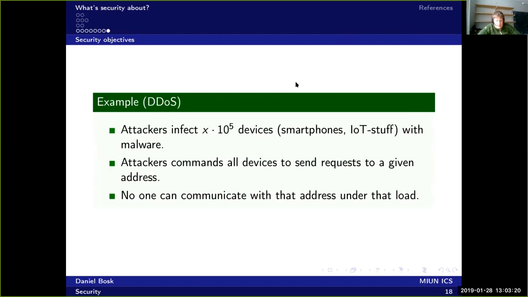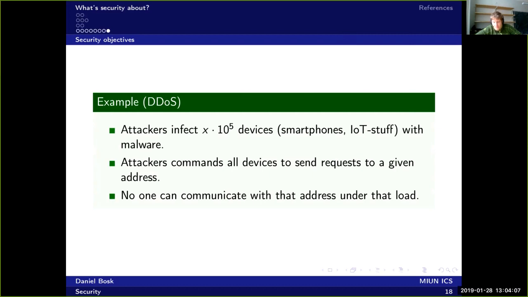So, for instance, a lot of insecure Internet of Things devices can easily be used for this. If attackers infect a few 100,000 or millions of IoT devices, smartphones or home routers and whatnot, and then an attacker basically controls millions of devices, he can instruct all of them to send requests to a given server or computer on the internet at once.